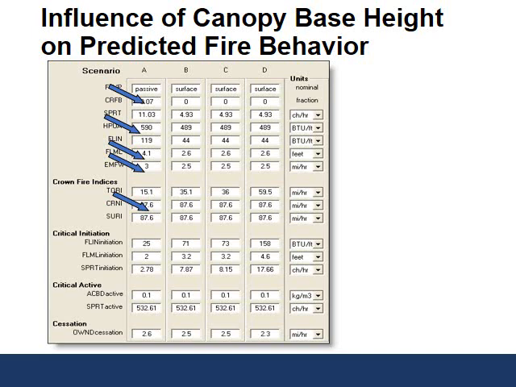The torching index is the 20-foot wind speed required to promote a surface fire into the canopy. Notice that this variable is twice as high in Scenarios B and C and over 3 times higher in Scenario D than in Scenario A. As you can see, our estimate of the canopy base height could have major impacts on our management recommendations and actions.